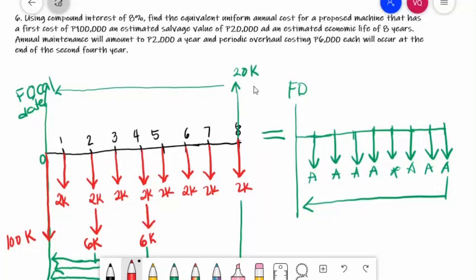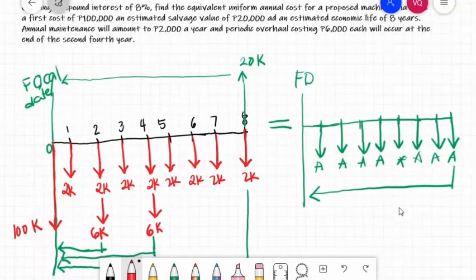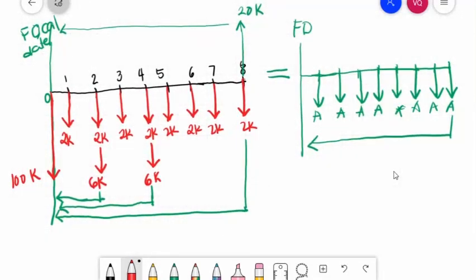So question, what will be the annual or annuity cost of this proposed machine? So first, upper equal to lower, and then we will equate this equation. So this one, our focal date is at 0, today. This should be the same as this.